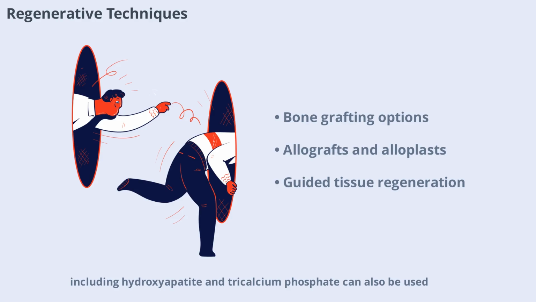Alloplasts, including hydroxyapatite and tricalcium phosphate, can also be used. Citric acid root conditioning with a coronally positioned flap and guided tissue regeneration are advanced methods that aim to regenerate bone and periodontal ligament. These techniques are selected based on the specific clinical scenario and the potential for regeneration.